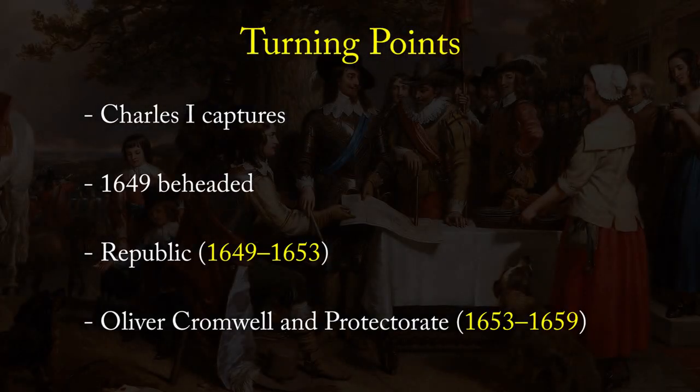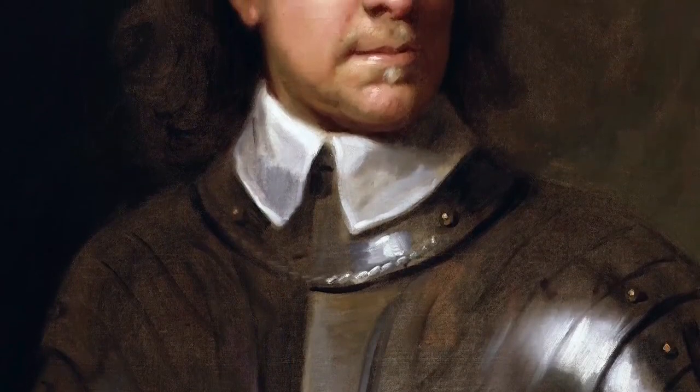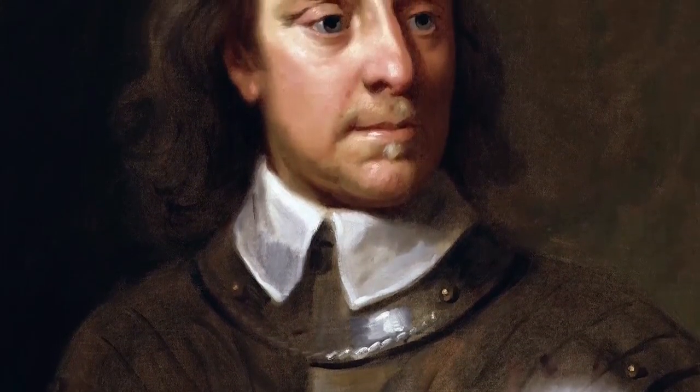For at least a generation, in fact, there is no king on the throne. They go first from being a republic, the idea here being that they're going to try to put some sort of democracy in place, and then after that fails, they move to being a protectorate, where the man Oliver Cromwell, the very famous man whose statue still stands outside of Parliament today, became protector of the kingdom and ruled it almost de facto himself as a king, though he would never have called himself this.